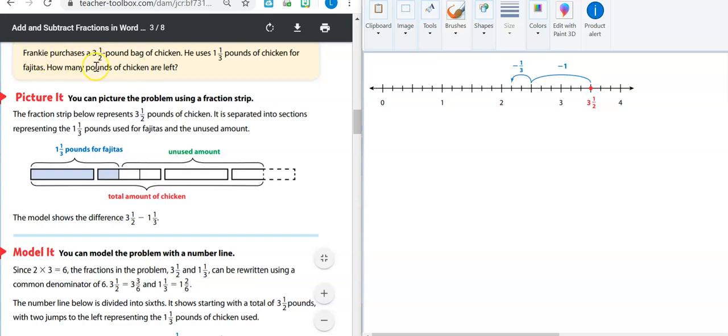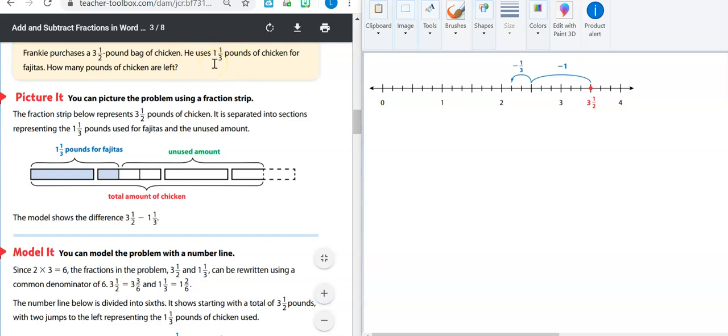So he purchased a 3.5 pound bag of chicken, and use is a keyword because use means he's going to get rid of, and he used 1/3 pound of chicken. How many pounds of chicken are left? That means we're going to subtract because we need to take away 1 and 1/3.